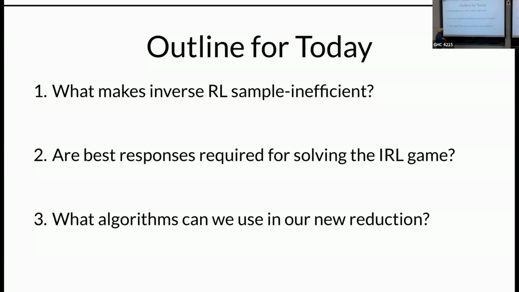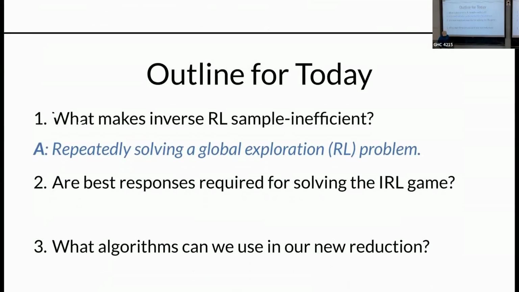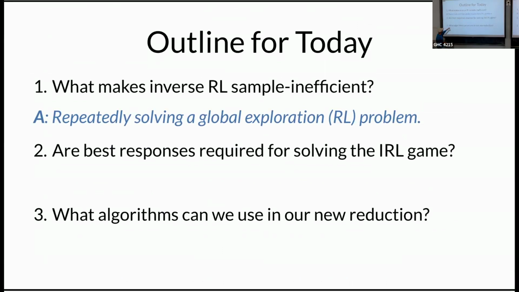Then we're going to talk about how this really boils down to the fact that in inverse reinforcement learning, we end up having to repeatedly solve a global exploration RL problem in the inner loop of the algorithm. This is very computationally expensive to do even once, but you have to do it at every single step of this algorithm against adversarially chosen reward functions.